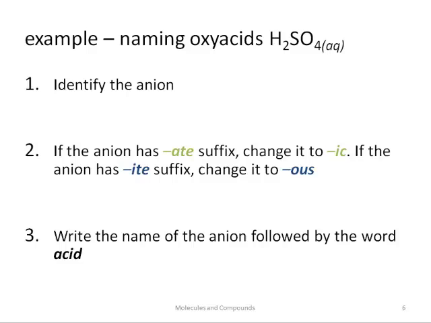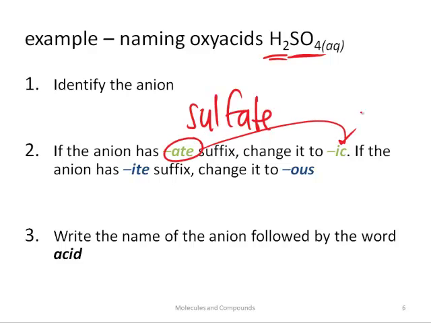Here we have ones where the end of the names change slightly differently than the other ones, so we'll just point those out here. The anion is the oxyanion, the sulfate polyatomic ion. We know that's 2 minus, and that's why there are 2 hydrogens associated with it. It is an ate ion, so the ending will be named with an ic.